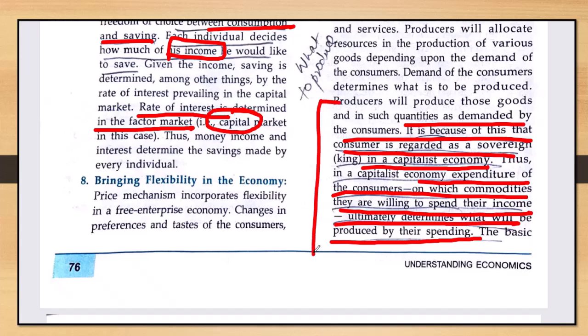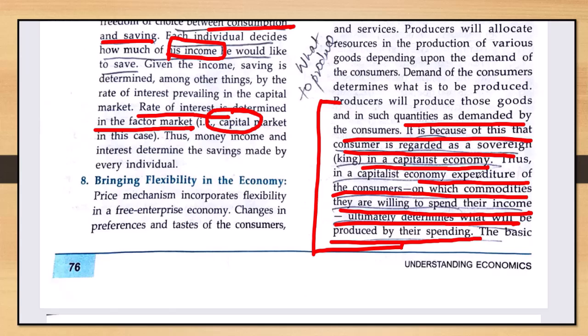So, what is the meaning of this entire sentence? The meaning of this sentence is that determining what commodity is to be produced is mainly in the hands of the buyers, the consumers.